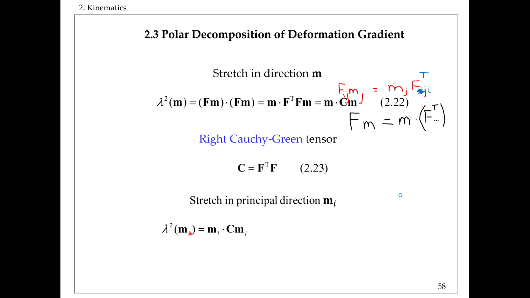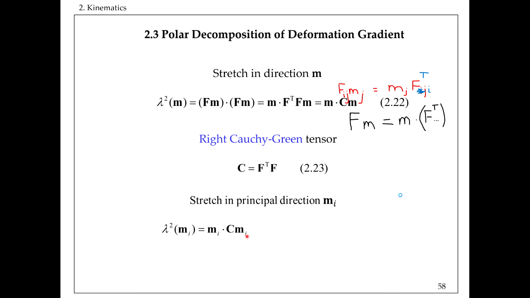So then we can basically use the eigenvalue definition, right? We can write that CM will be this part.